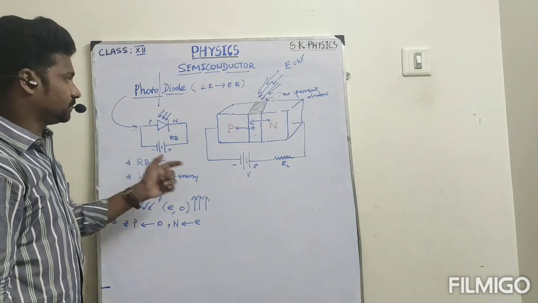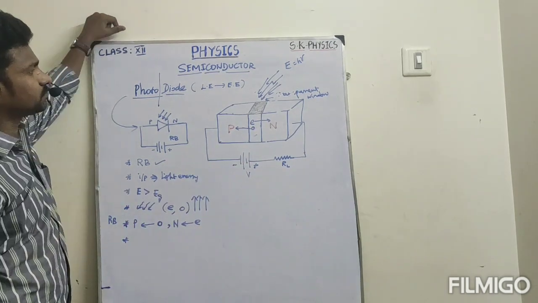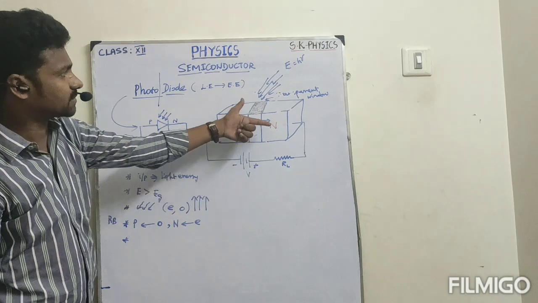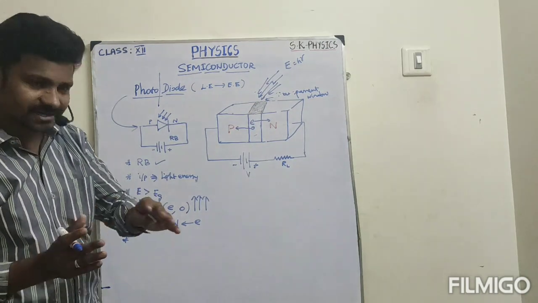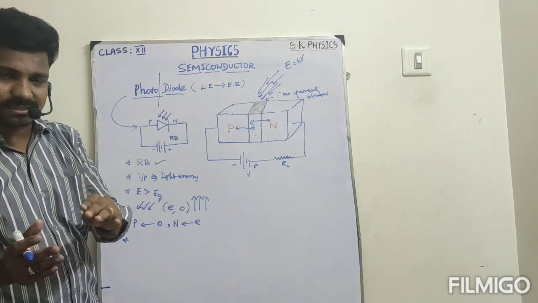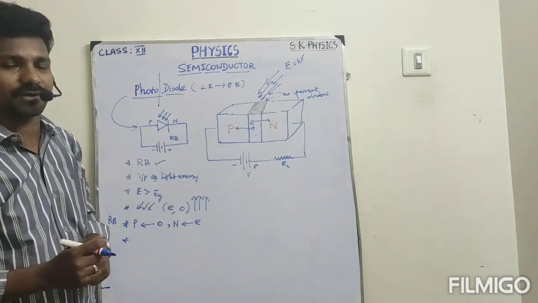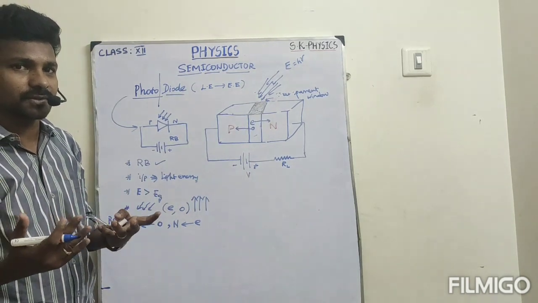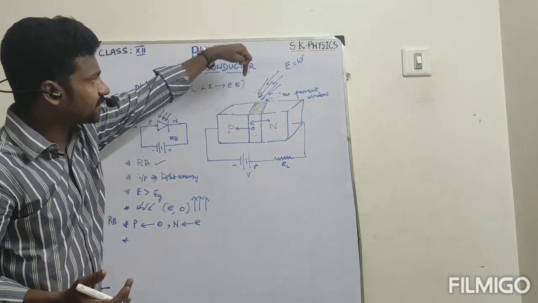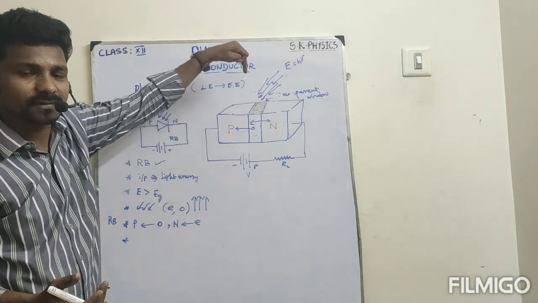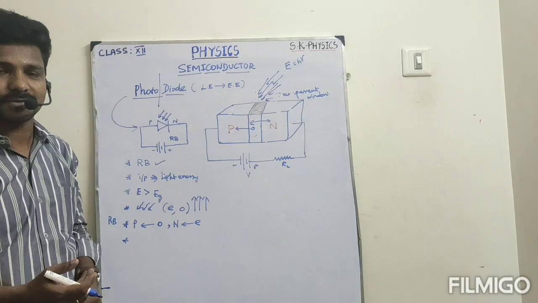Now I am going to explain the uses. We made some alteration in the normal PN junction diode in reverse bias by using a transparent window. The usage is that when the intensity of light is increasing, the photo current is also increasing. What does this mean?